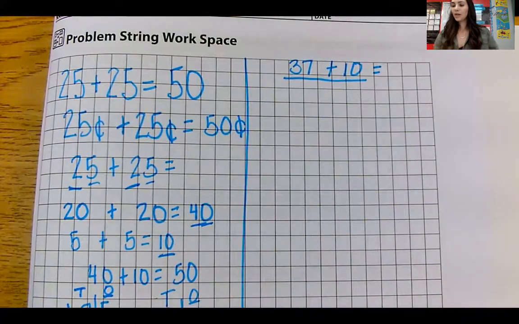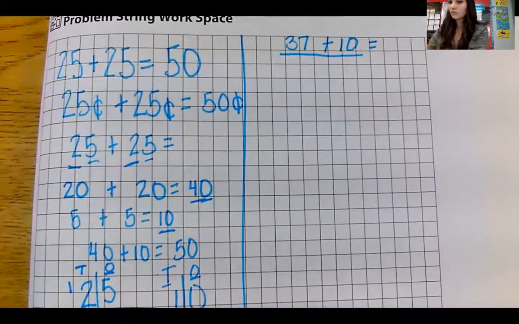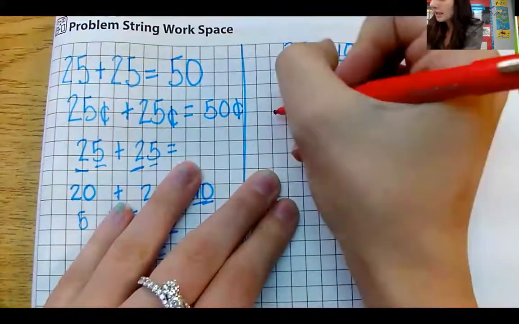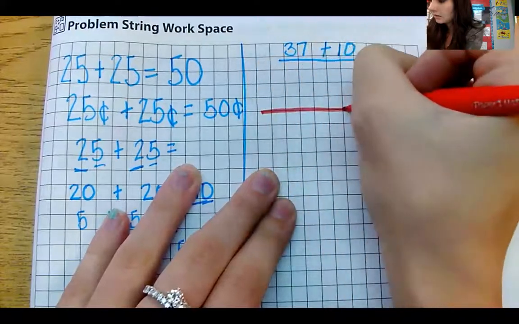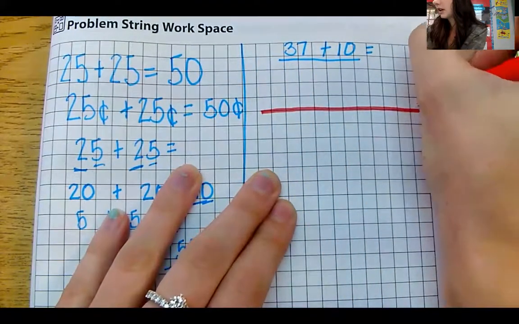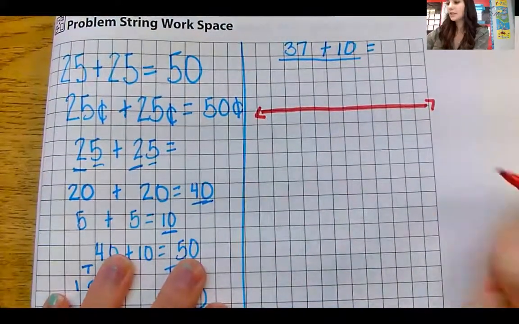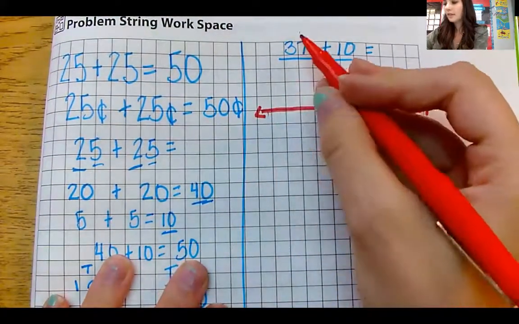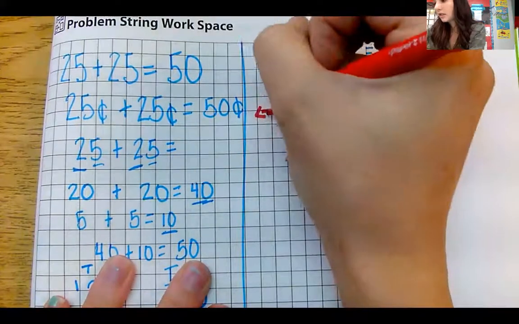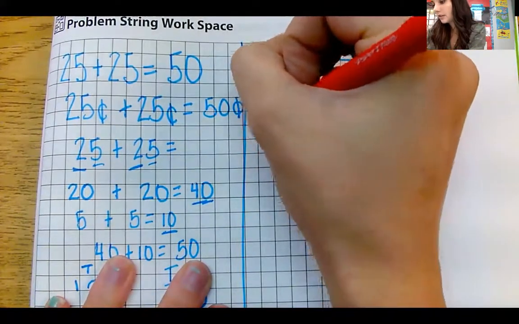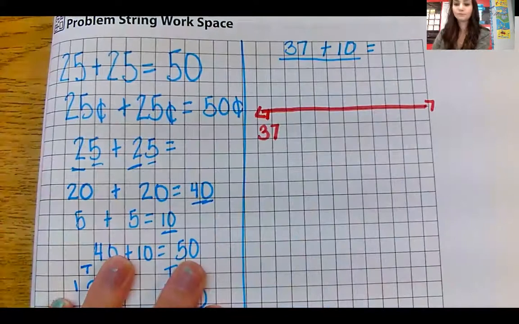Okay, we are going to practice today using a number line to solve these problems. So I am going to draw my number line. Okay. And the first number that I'm going to start with is 37. So I'm going to write right here, 37 is my number.